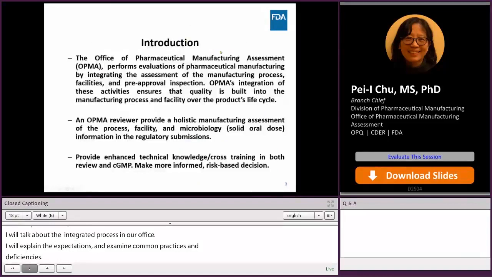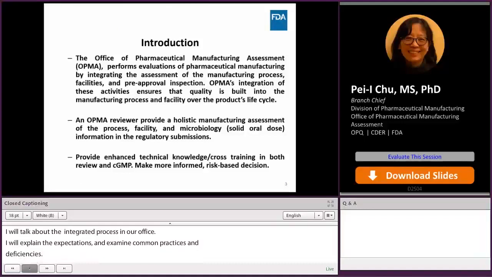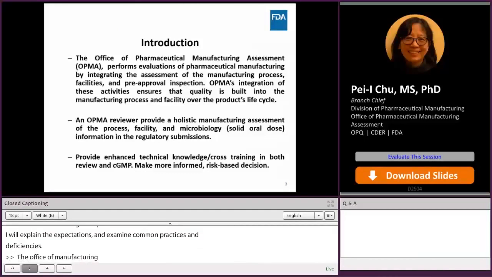The Office of Pharmaceutical Manufacturing Assessment, or OPMA, is a sub-office in OPQ. We perform evaluations of pharmaceutical manufacturing by integrating the assessment of manufacturing process, facilities, and pre-approval inspection.